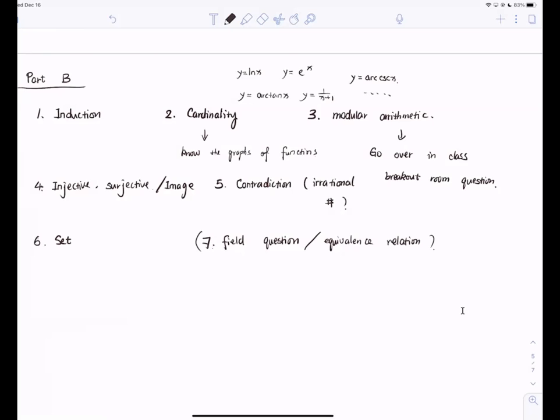Induction should be easy. Injective, surjective, image. For this one, make sure you know when they have Cartesian product, and what else? When they have absolute value.